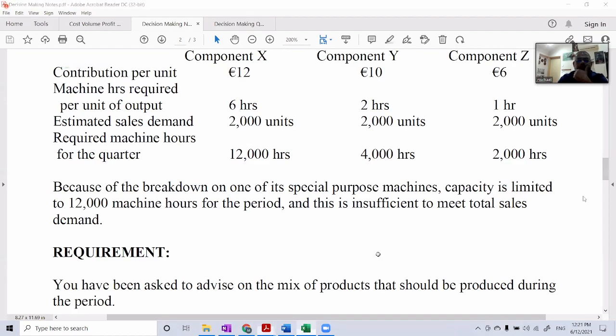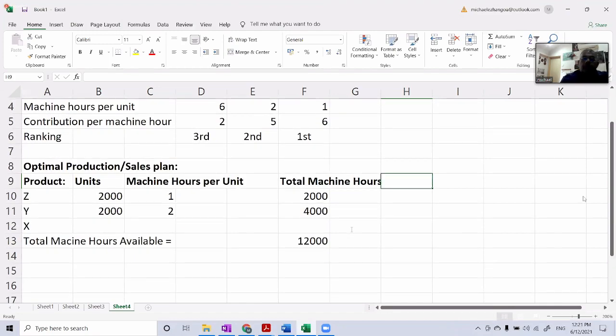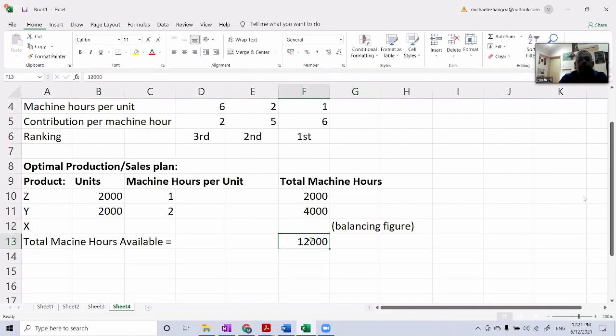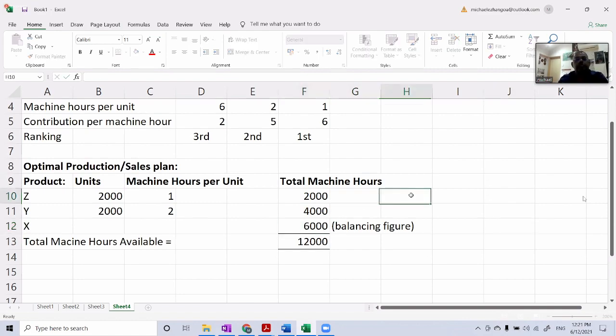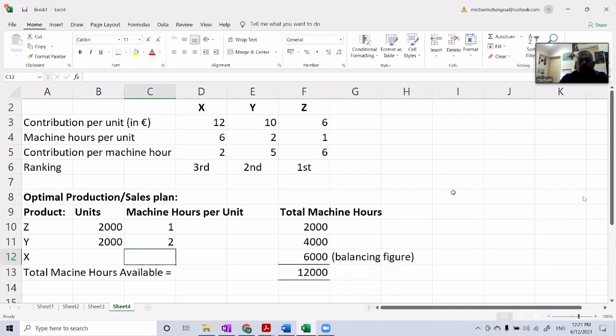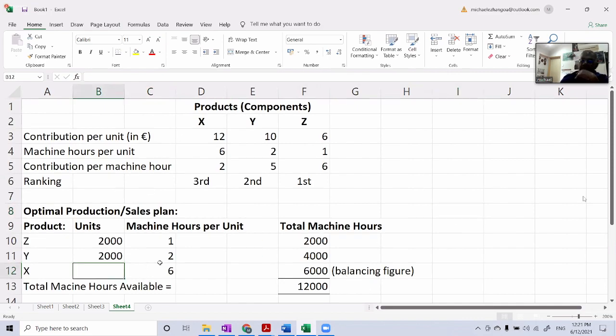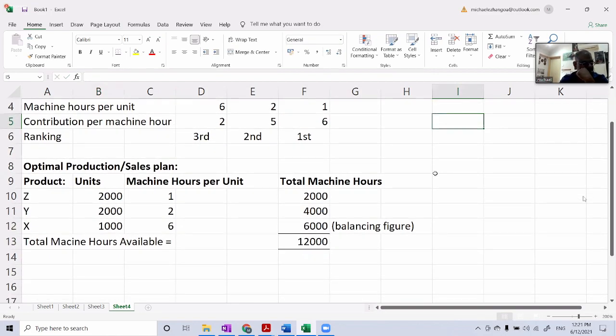All right, so this one is the balancing figure: 12,000 less 2,000 less 4,000 is 6,000. Machine hours required per unit is 6, correct? And so working backwards, I can only produce 1,000 units.